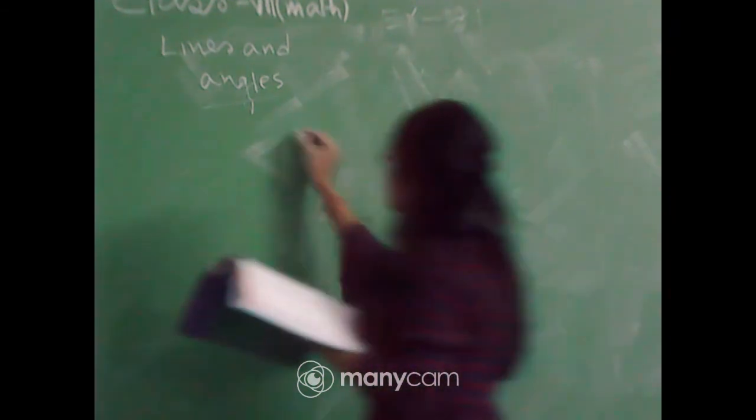Question number 8. An angle is greater than 45 degree. Is complementary angle greater than 45 degree or equal to 45 degree or less than 45 degree?